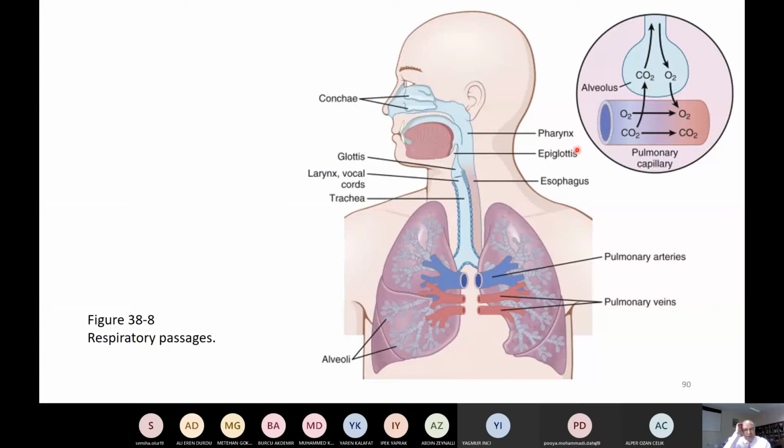So you can see here the trachea, there is cartilage around the trachea. Five-sixths of the trachea is covered with cartilage, so it will be kept open all the time. The air passages are open all the time.